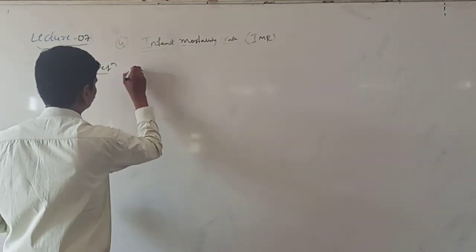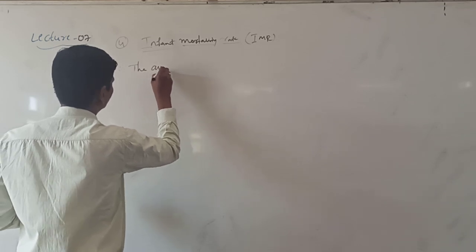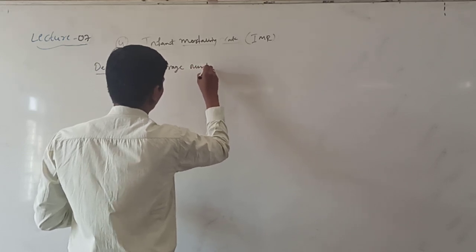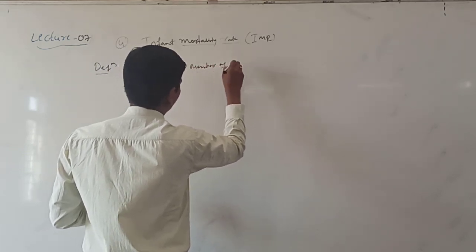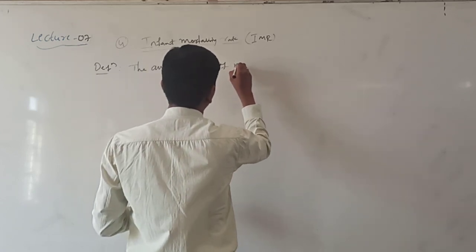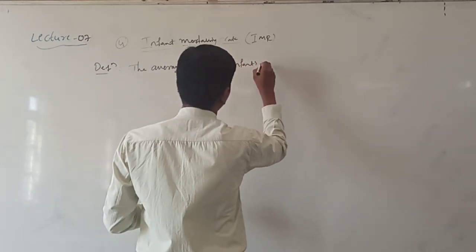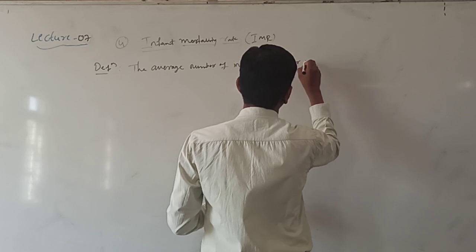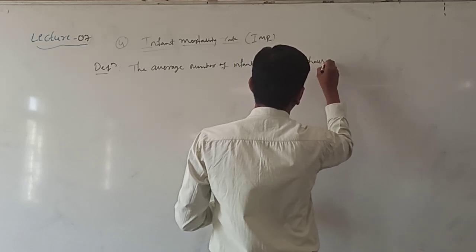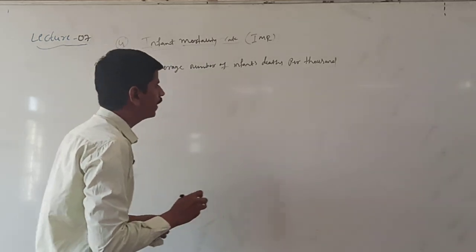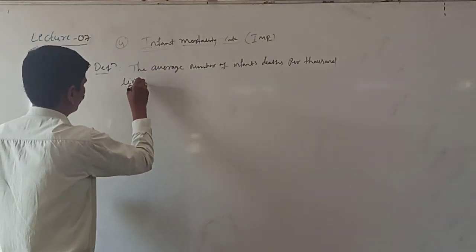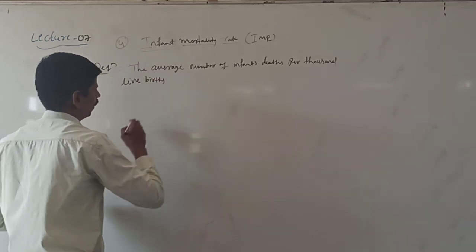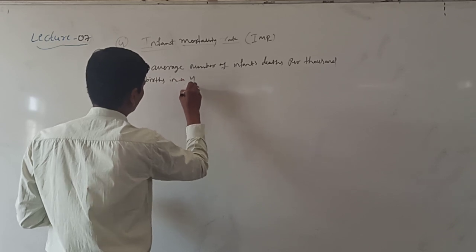The average number of infant deaths per 1000 live births in a year.